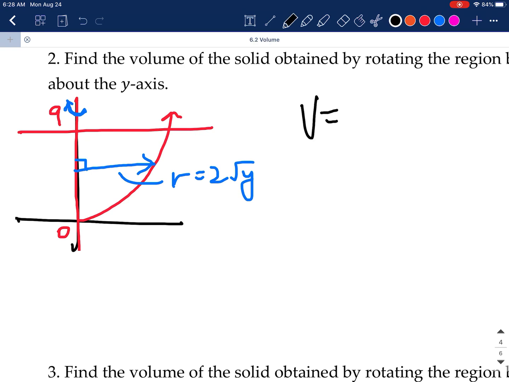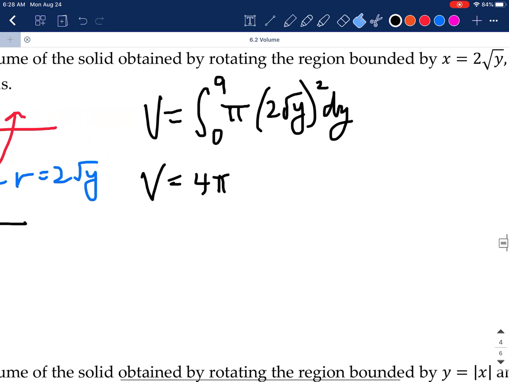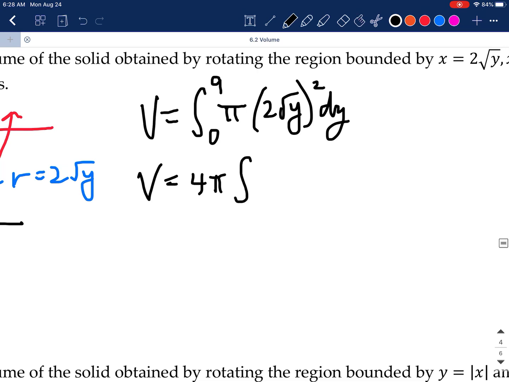So then your volume is going to be the integral from 0 to 9 of pi times 2 root y squared dy. So we're going to end up with 4 pi as our coefficient. And then this becomes a really easy integral. So it's just going to be y dy. So we can just work this one out.